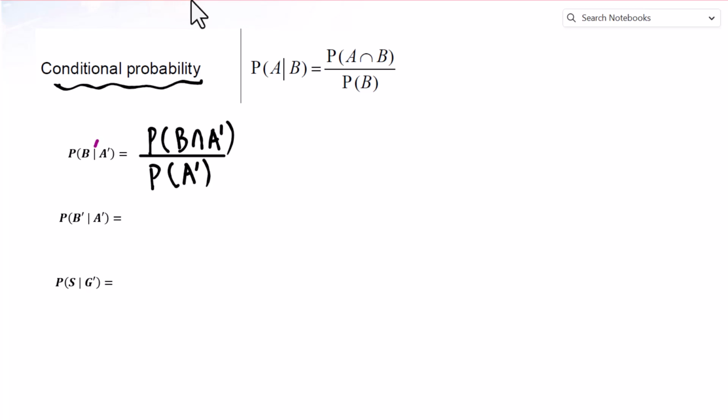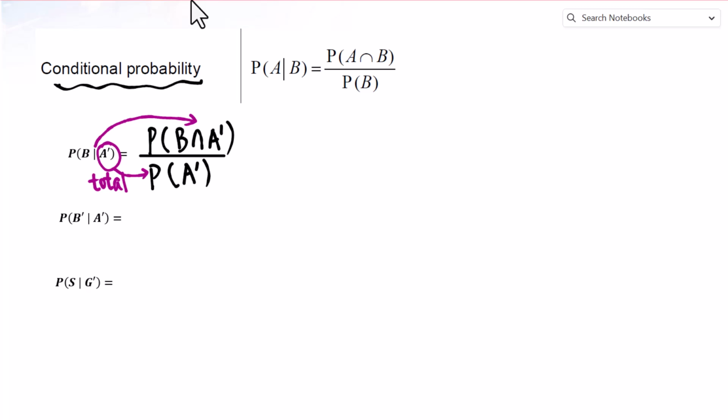This bar means given, then change into intersection. This A prime, count as the total. That's how you remember this formula.